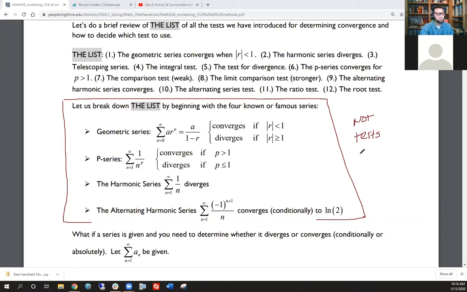An example of another famous one that we don't have here is, remember right, the sum from n equals 0 to infinity of 1 over n factorial equals e. So this would be an example of another famous series. It's just not one of the ones we're playing with here.